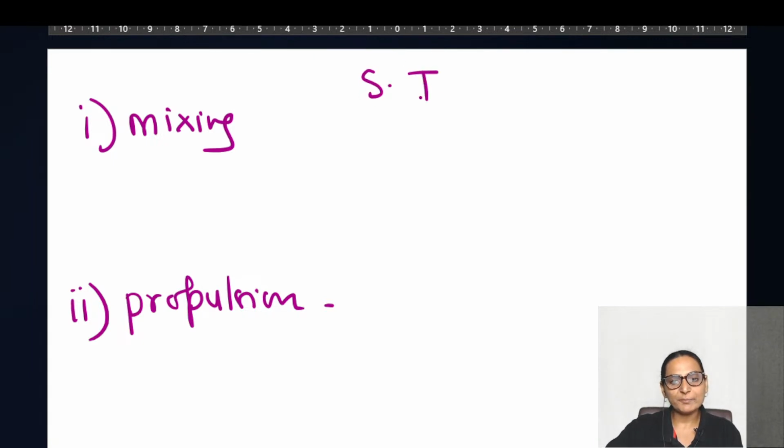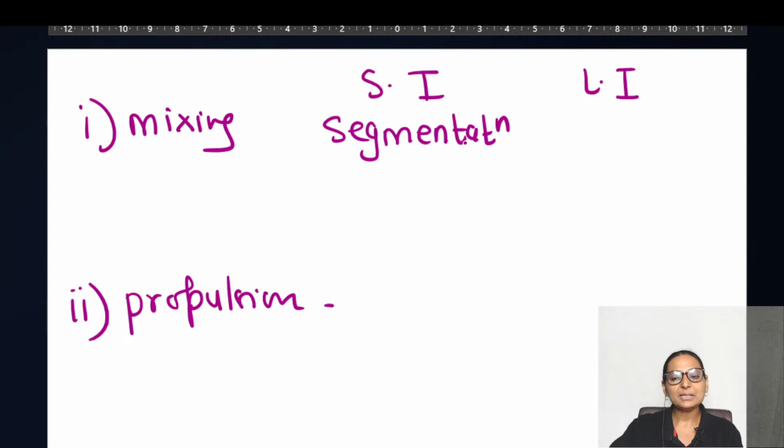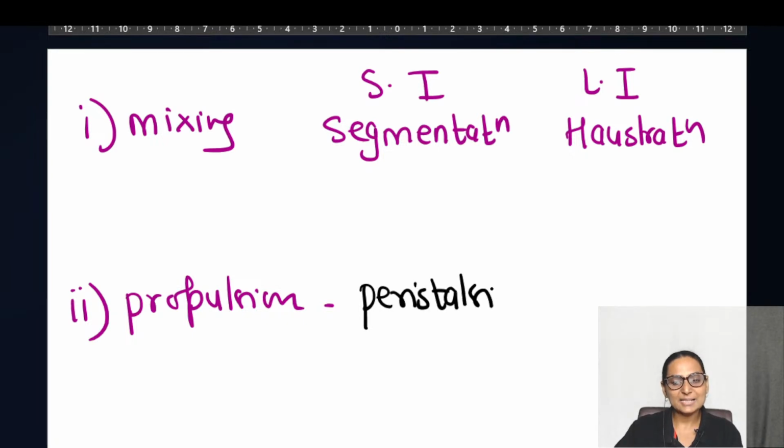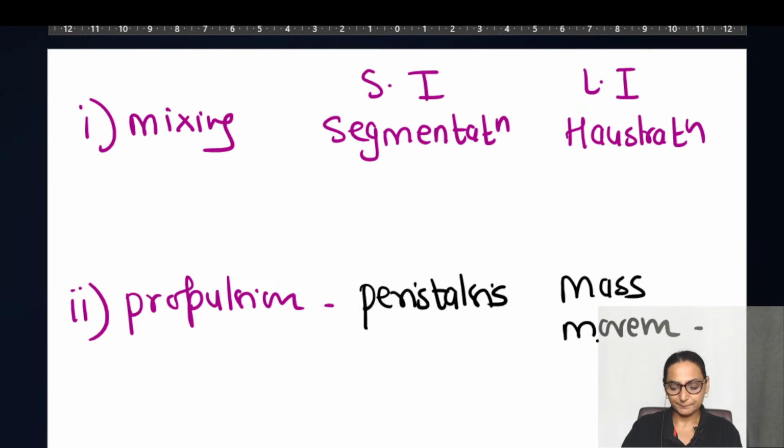These mixing movements are termed differently. In the small intestine, they are called segmentation, but in the large intestine, they are called haustrations, the mixing movement. Whereas the propulsive movements in the small intestine are called peristalsis, and in the large intestine, they are called mass movements, right?